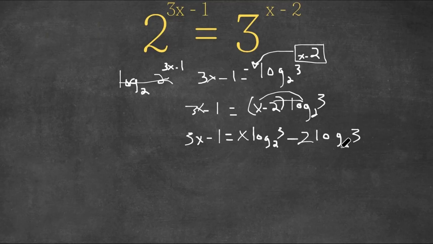All right, so now as you can see, we have our equation here. And now we want to get all the terms with x on one side. So I'm going to add 1 on both sides to get rid of the 1 on this side. And then I'm going to subtract x log on both sides so that all the terms with x can be on the same side.